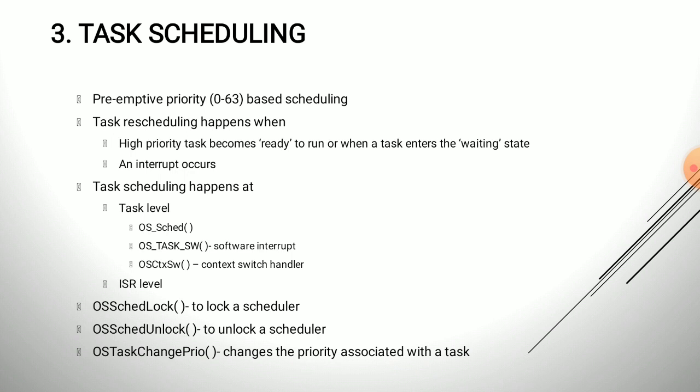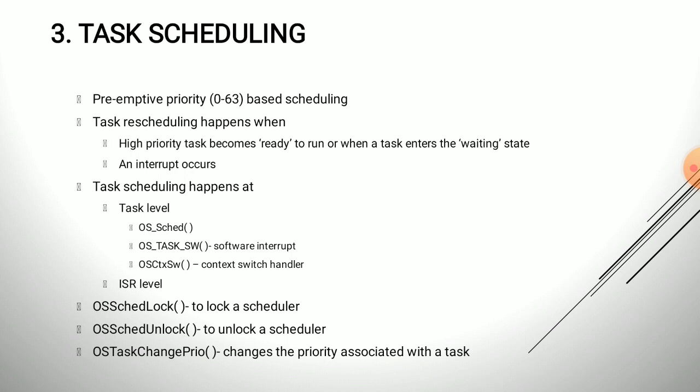Since the scheduler is in the locked state, it will not be able to schedule another task for execution and the current task is already in the suspended state. That means the system hangs up. Another function is OS SCHED unlock, the OS scheduler unlock function. It is used to unlock the scheduler, so the scheduling can be resumed by calling this function.